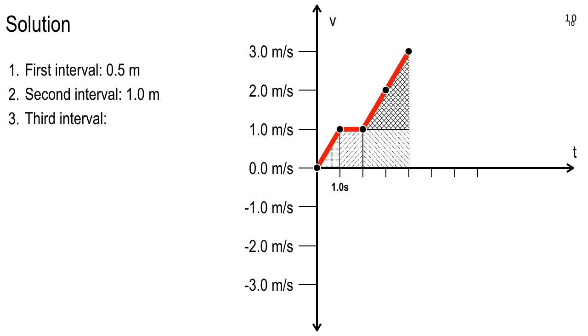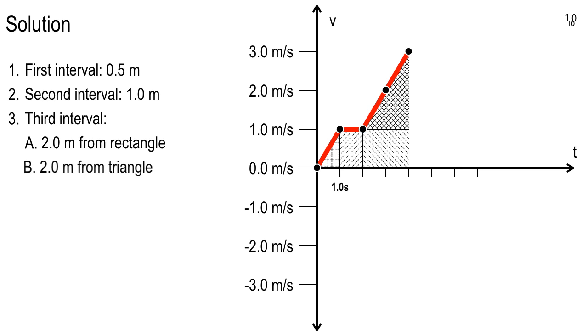The third interval. Now this is the one where you have a combo. So you've got to hit the distance rectangle and the distance triangle. Okay, the rectangle is 2 by 2. No, excuse me, 2 by 1. Okay, 2 seconds across for the base and 1 meter per second for the height, the way that I've got it sketched.